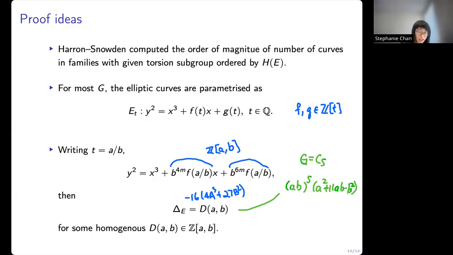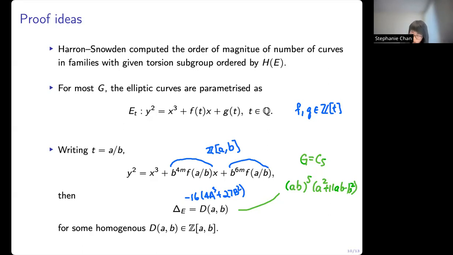The reason that the Szpiro ratio in this case is close to 3 is precisely because there's this high exponent here that is making the radical smaller than expected.